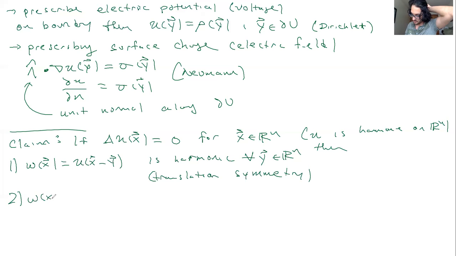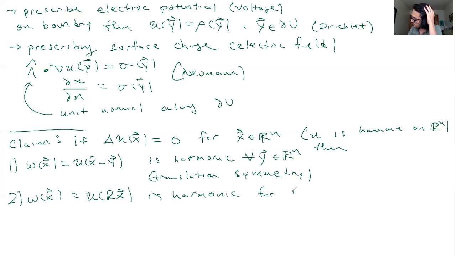Second of all, this one takes a bit more work. Any rotation of the solution u is also a solution. So it's also harmonic, okay, for any rotation matrix, okay?